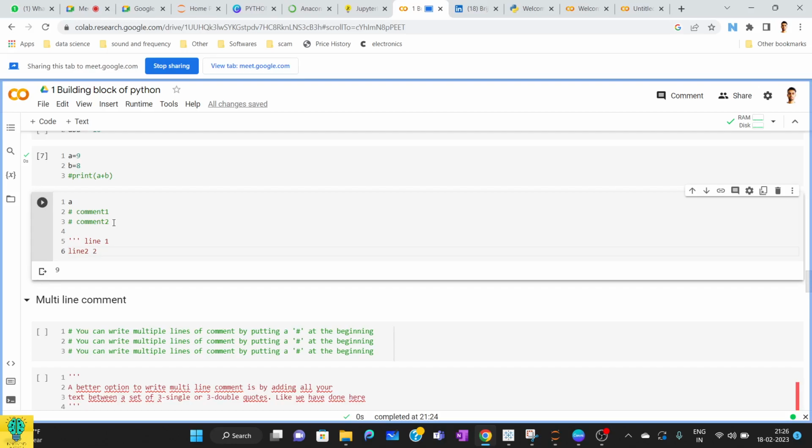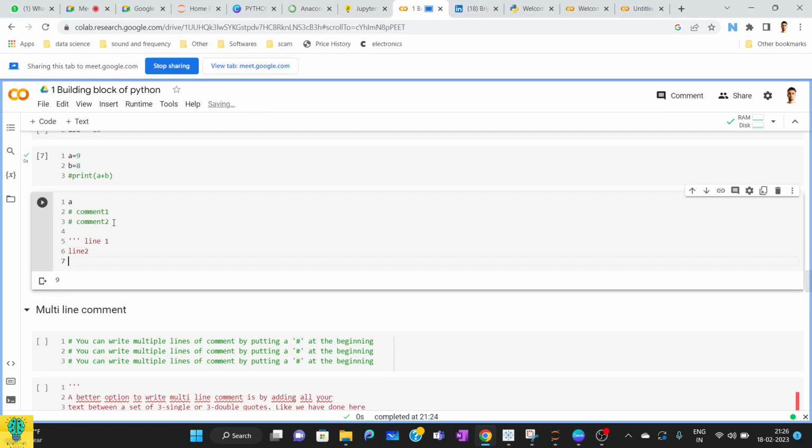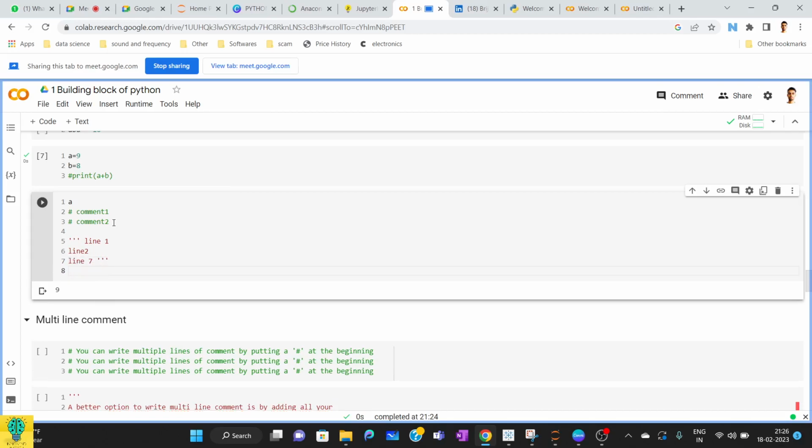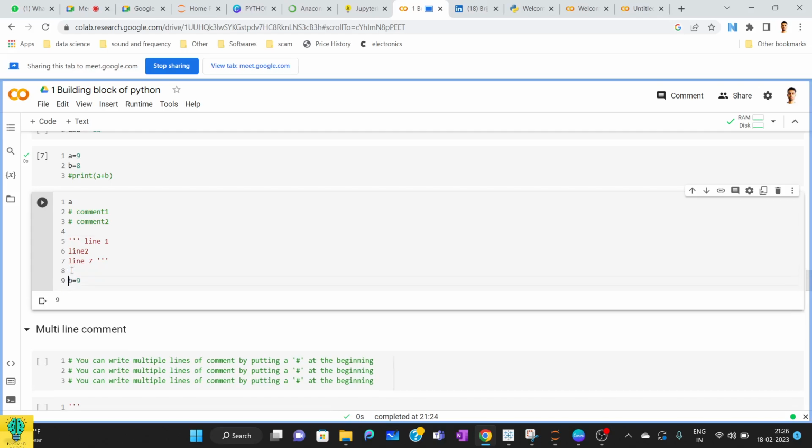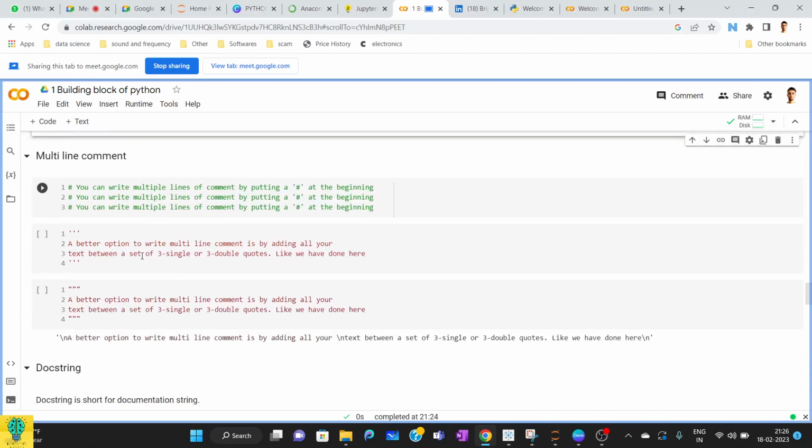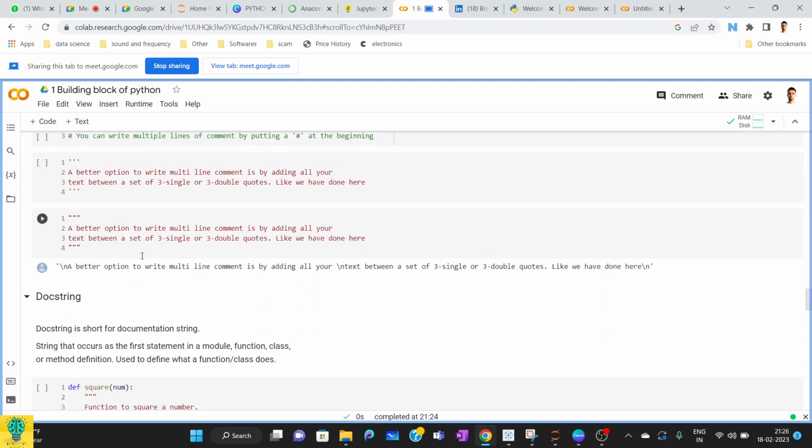Take care of this color. It is showing me red because I have not closed the above three quotes. Line 3. Now as soon as I close the three quotes, whatever I write, you see the color, it is written in black, not the same as red. So whatever I have written in triple quotes is a multi-line comment. It is like a paragraph you can write.